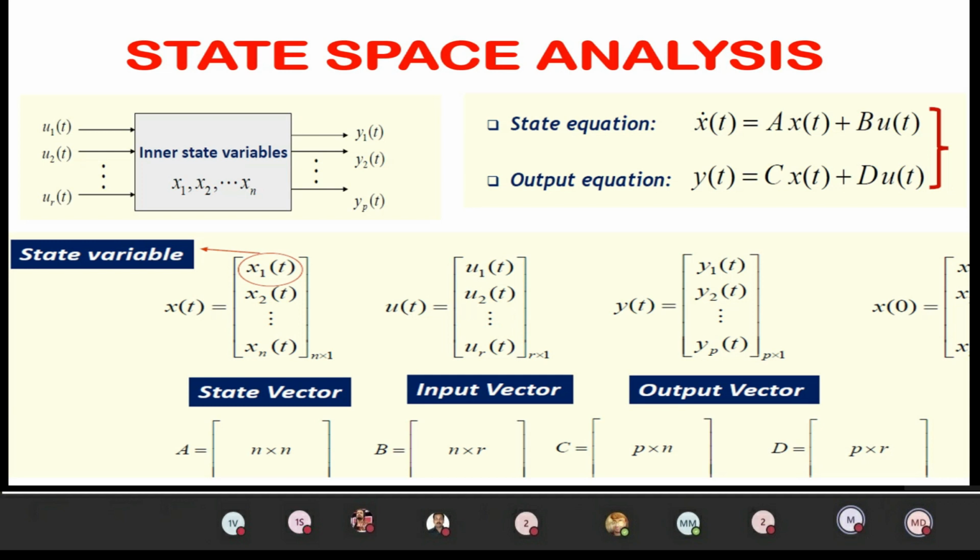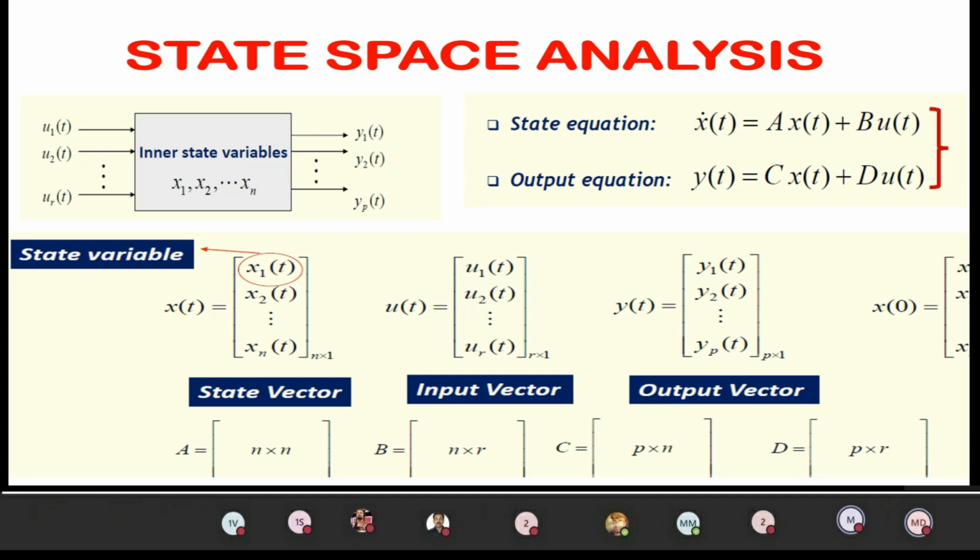Similarly x of 0 is the value when t is equal to 0, that is x1 of 0, x2 of 0 and so on. All these are arranged in matrix form, so they are called the state vector, input vector and output vector. The A matrix will be n cross n, B will be n cross r, C will be p cross n, and D will be p cross r.